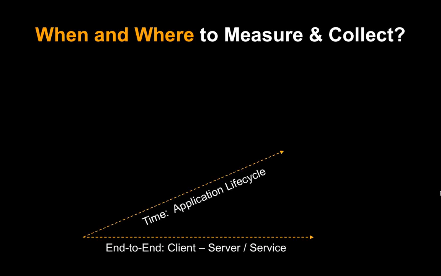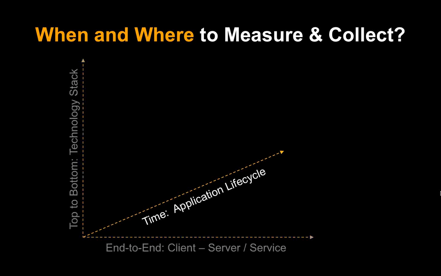So there's the end-to-end view physically. And the last axis is the top-to-bottom view. Basically, it's the technology stack that you are using to implement your application. So you should be measuring at least all three of these axes. Now let's take a look at them one by one. Let's start with the time.